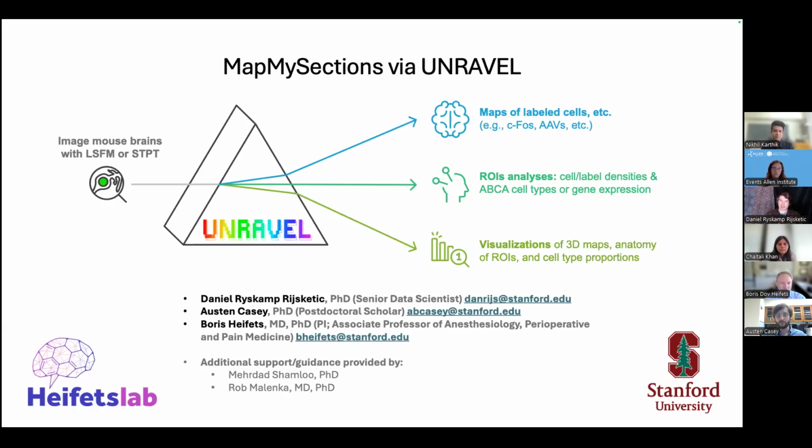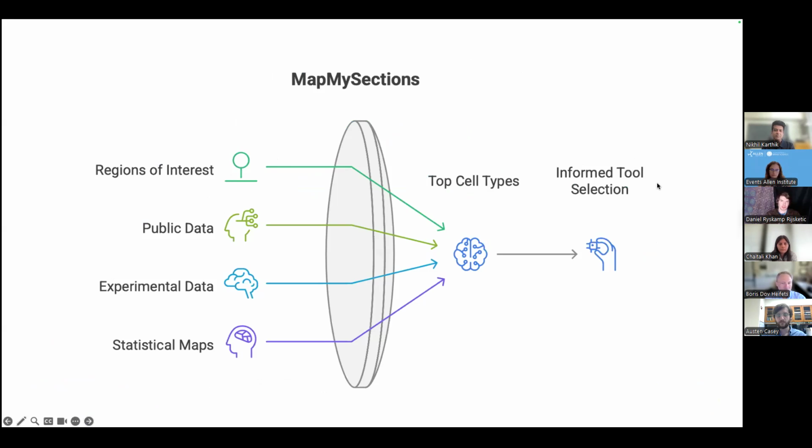We've also developed ways to visualize the data, either in 3D or to provide a detailed characterization of the anatomy of a hotspot or the cell type proportions. And so the overall goal, as Rachel mentioned, is to basically take 3D images of mouse brains and to identify the top cell types.